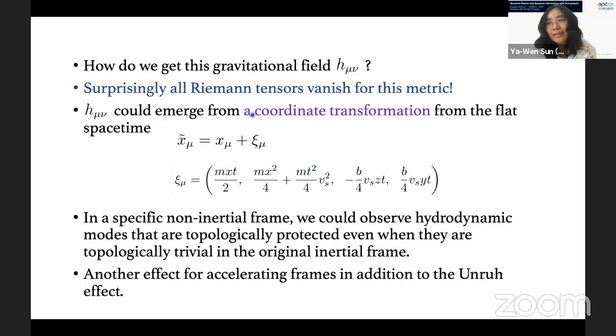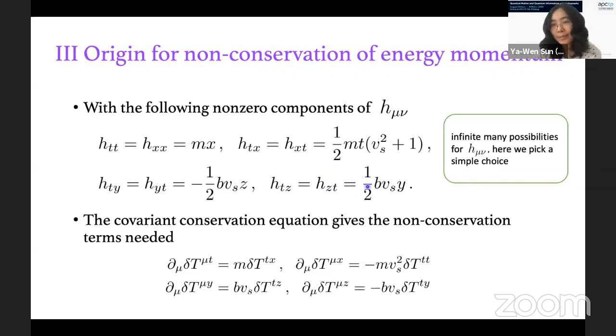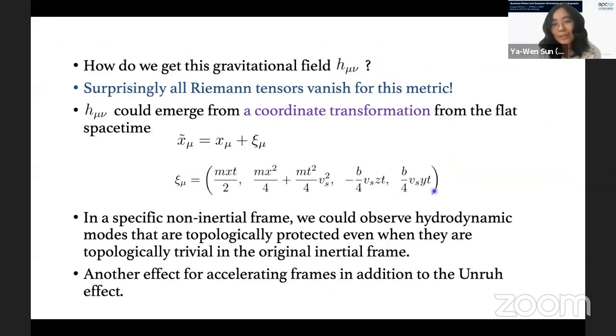So they are diffeomorphic, they are related to each other by a coordinate transformation. And we could work out the coordinate transformation that we need from the expression of this h mu nu. The coordinate transformation looks like this.